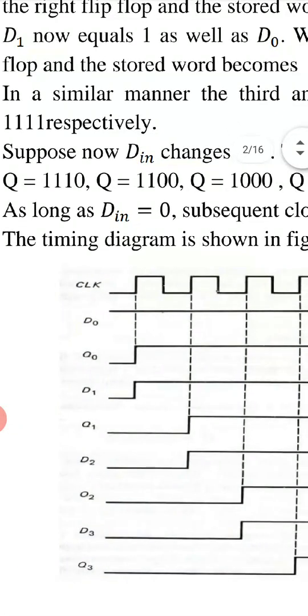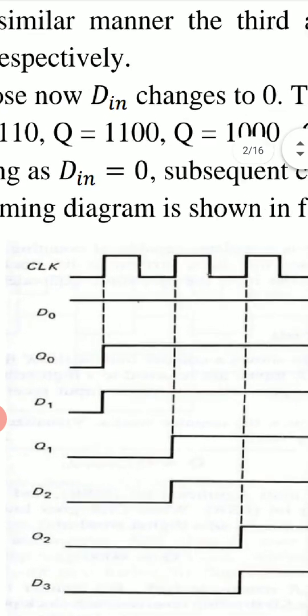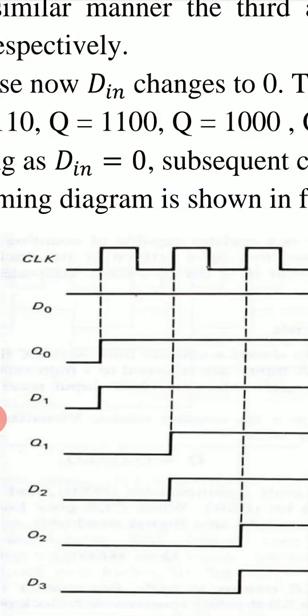The timing diagram is shown in this figure B. This is the clock pulse, which is a square wave having a fixed time period. For half of the time period it remains 0, and for the next half time period it remains 1.